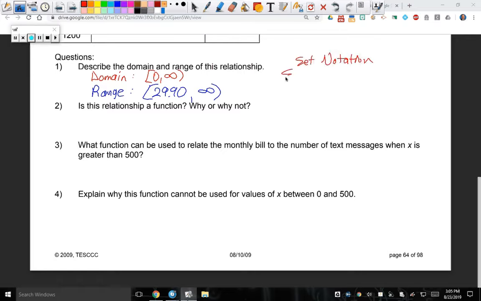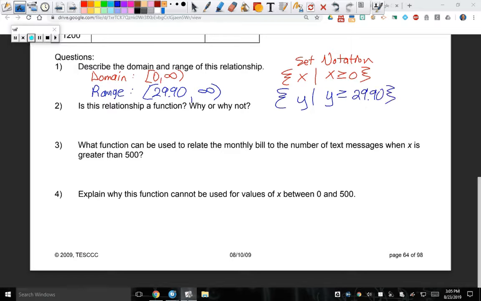It will be the set of all x's such that x's are greater than or equal to 0. The other one will be the set of all y's such that y's are greater than or equal to 2990.